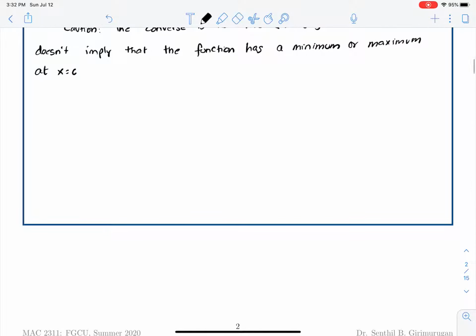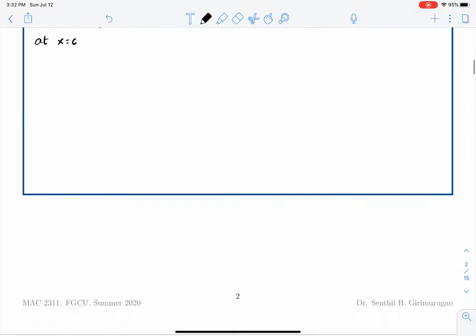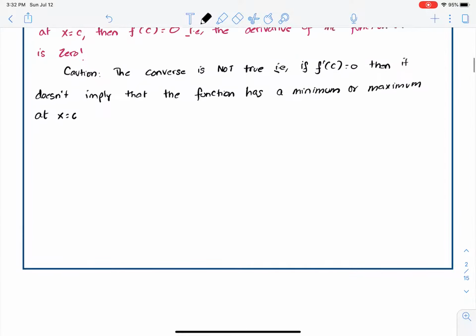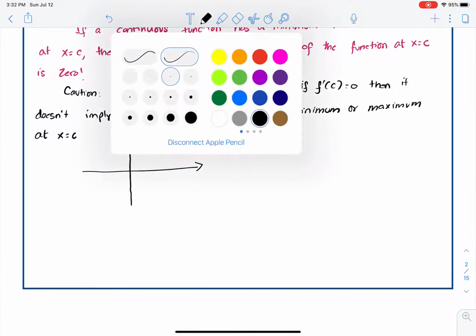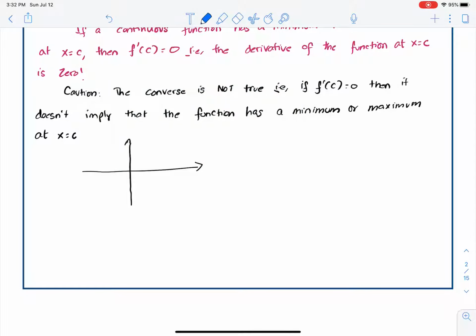A good example would be a cubic function, and I have x is equal to 0 over there, and I want to draw a tangent line, and if I drew it, it's going to be right there.